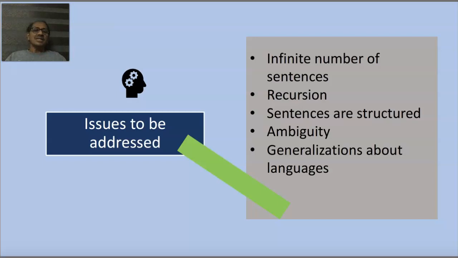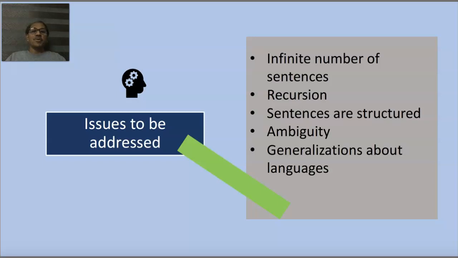Then there are sentences which are ambiguous. That means when you say a sentence is ambiguous, it has two meanings. When it has two meanings, it has two structures. So the two kinds of grammar which we have seen earlier, lists as grammars and regular expressions, cannot account for that.